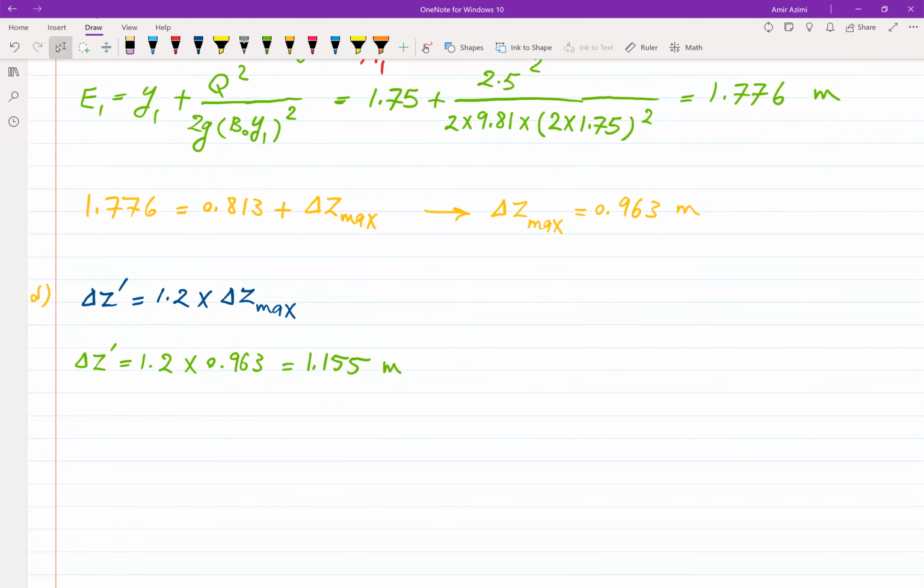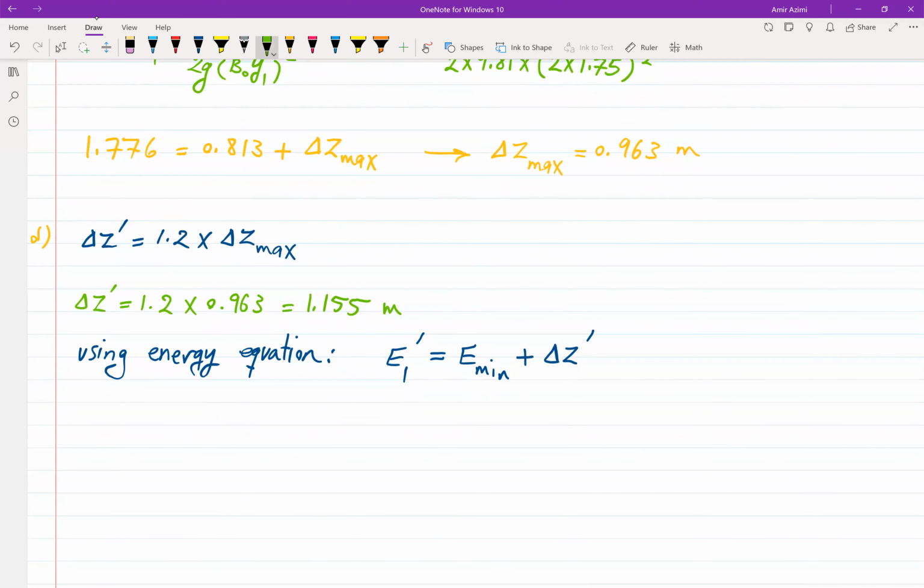Now the new energy level, again using the energy equation, E1 prime, or the new energy level, is equal to the minimum energy that we need plus delta Z prime.